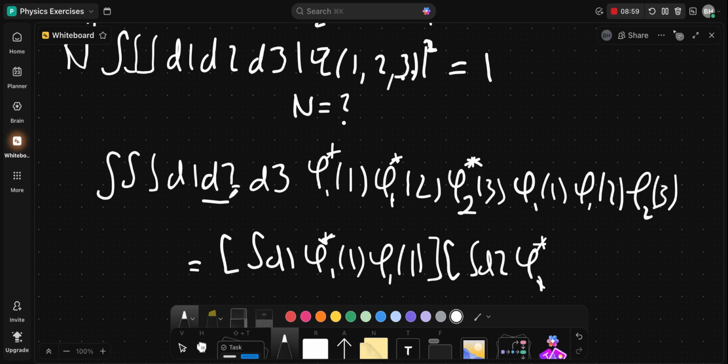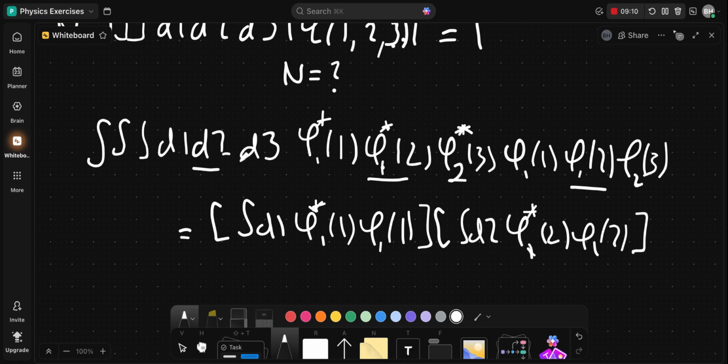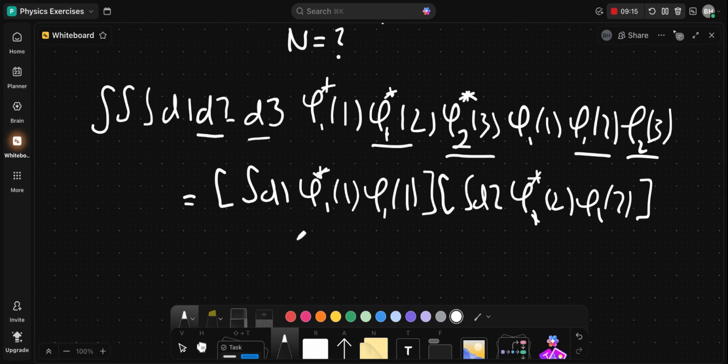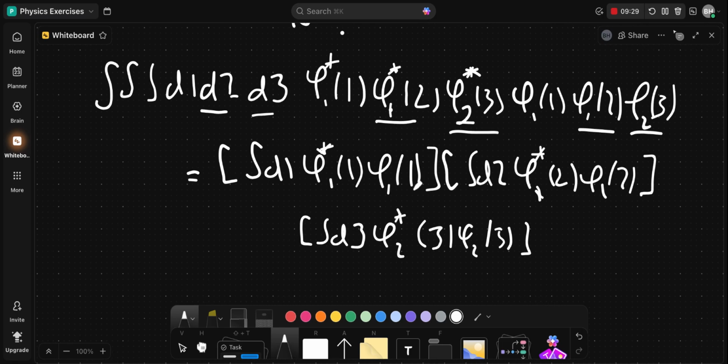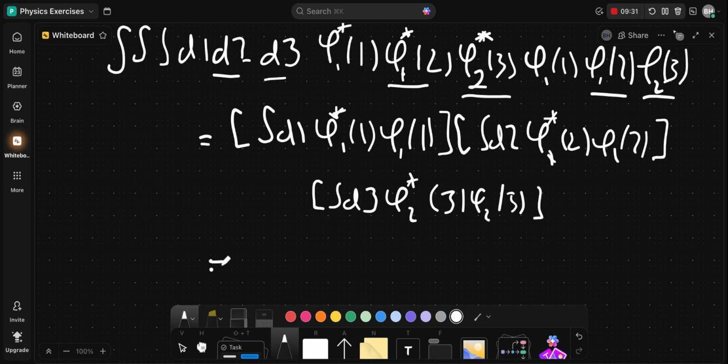Now I'm doing d2, this one and this one. Okay, and this is still multiplied by the terms having to do with 3, which are d3, phi 2 star 3, phi 2,3. Okay, and these are all 1 because the wave function is normalized.